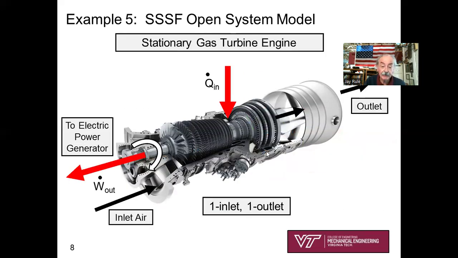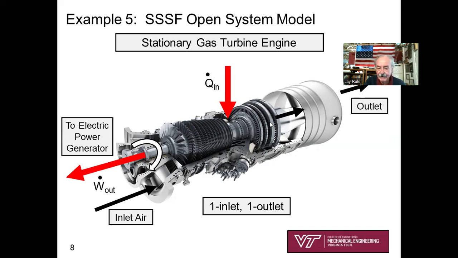A 5th example, also a stationary gas turbine engine. This is a stationary gas turbine engine, and its purpose is to drive an electric generator. For this case, we've got the same compressor section. We have a turbine section. We're modeling the combustion chamber as heat added, Q dot in. And so notice here, we've got air coming into the compressor section.